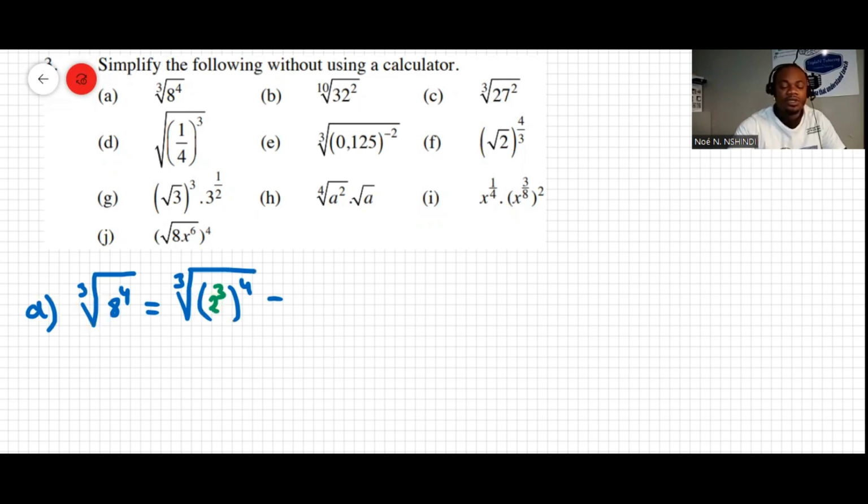So this can be written, in the radicand, within the radical sign, as 2 to the power of 12, because over here, we multiply the exponents.